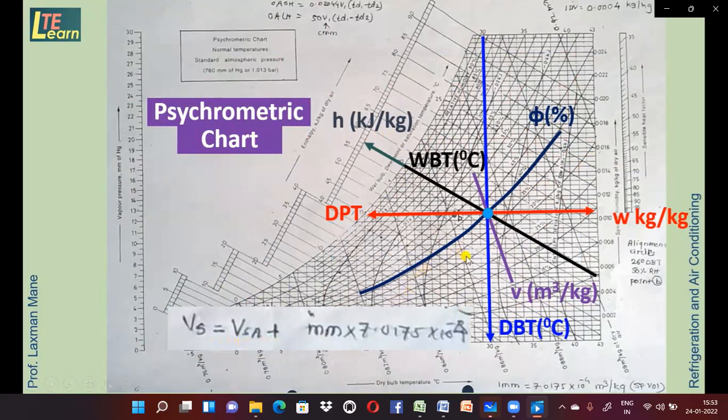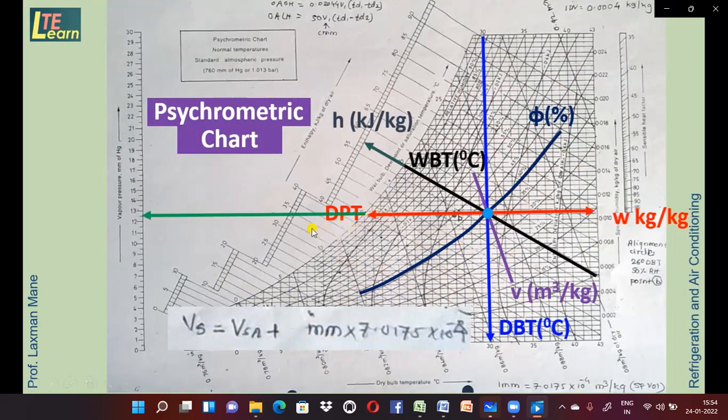VSA means the specific volume of the nearest line to the point, and this is the distance between the line and the point in mm, and this is a multiplier. So by doing the calculation, we can calculate the specific volume of the given point on the chart.